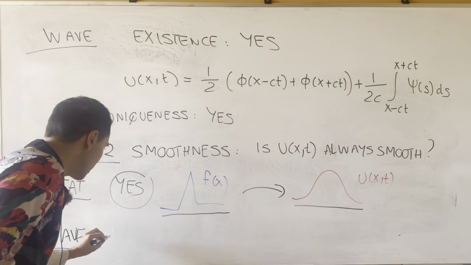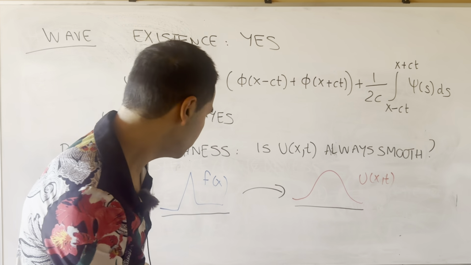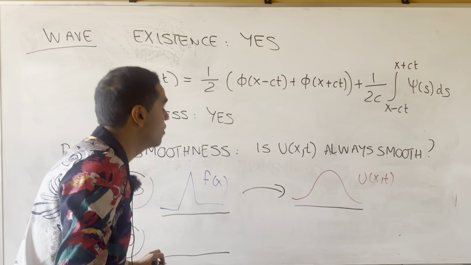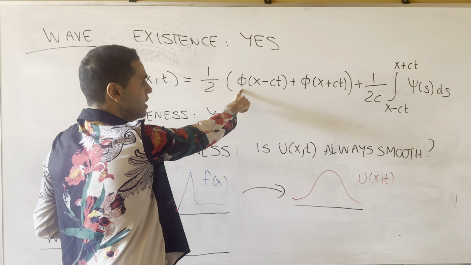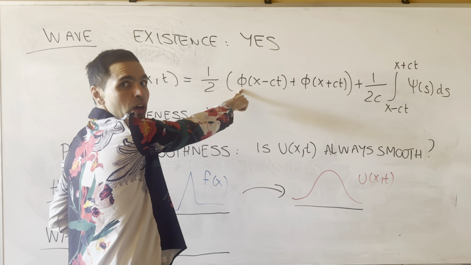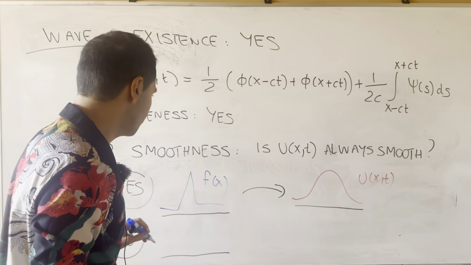However, for the wave equation, the answer is no. And you can see this from the formula for the wave equation, because if the initial condition has a kink somewhere, then that kink still gets transported.